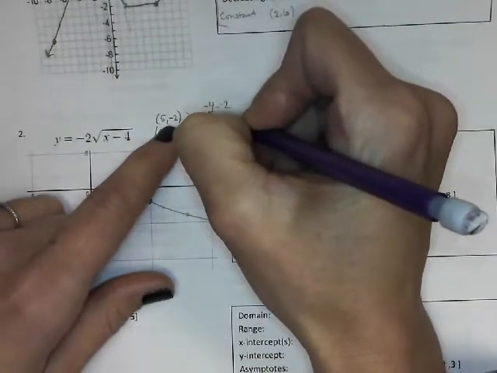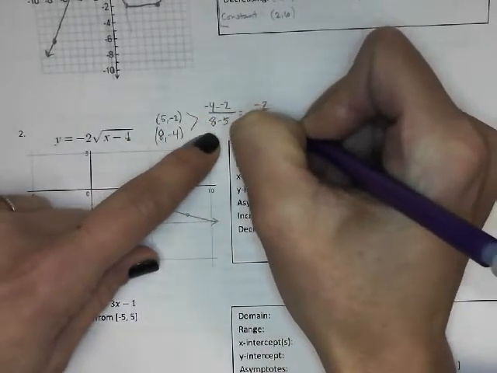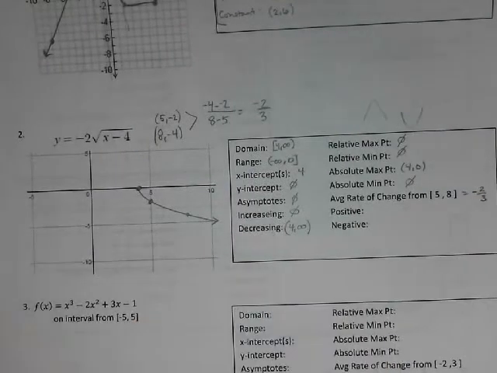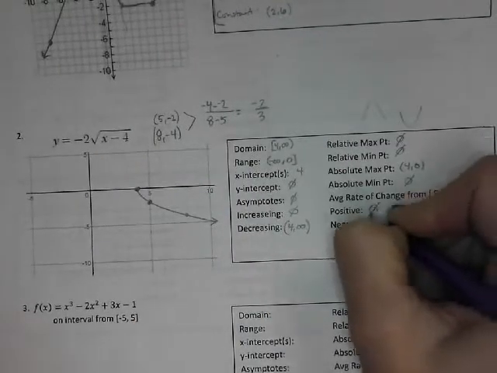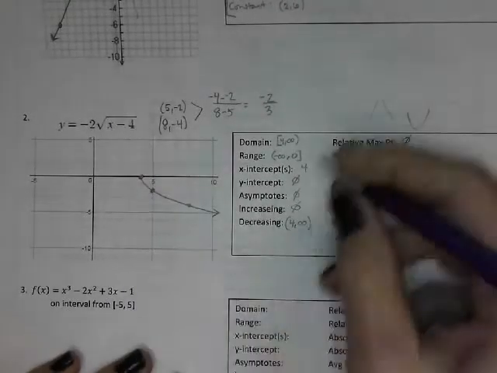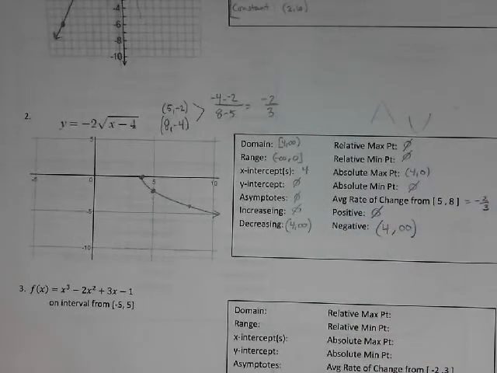Negative 4 minus negative 2 over 8 minus 5. So that would be negative 4 plus 2 over 8 minus 5, and there's your answer, negative 2/3. This graph is positive never, and negative from 4, not including 4 because it's 0, to infinity.